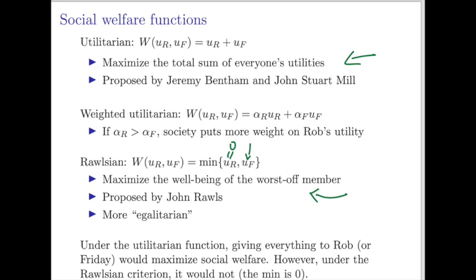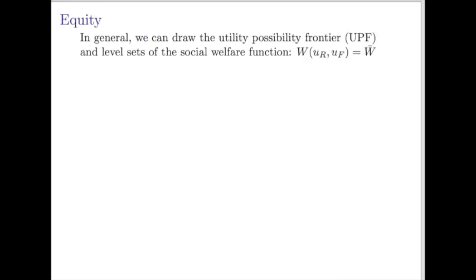So the Rawlsian utility social welfare function promotes fairness in the sense that we often think about, whereas a utilitarian social welfare function doesn't quite. Okay. Now, in general, we could basically draw a picture where we plot a curve through all the points on the utility possibility frontier.